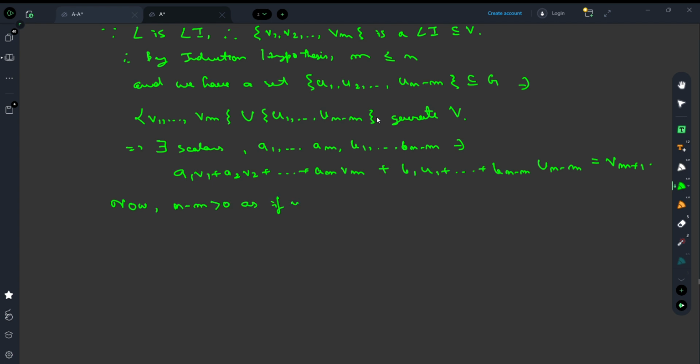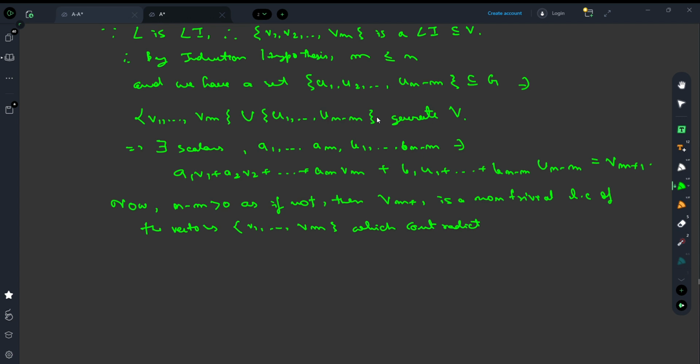So n minus m should always be greater than 0, as if not, then v_{m+1} is a non-trivial linear combination of the vectors v1 till vm.